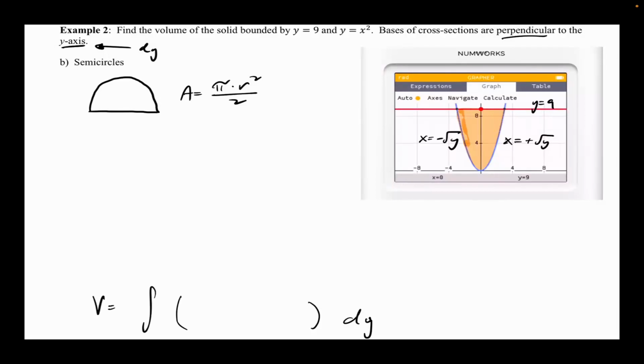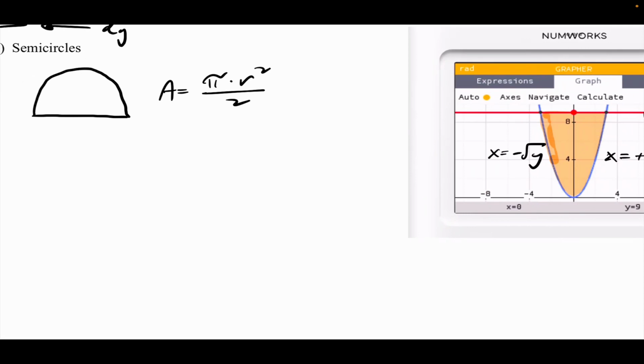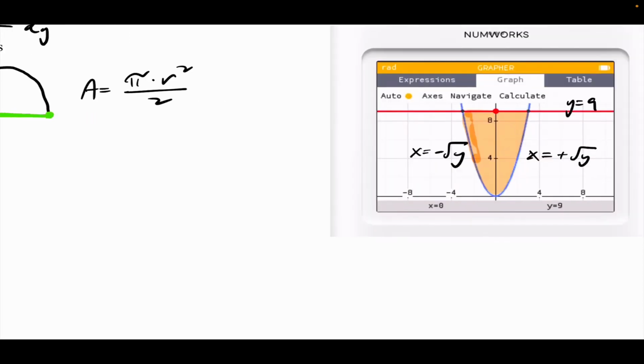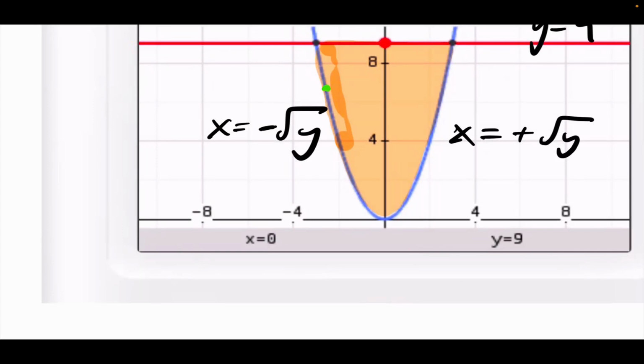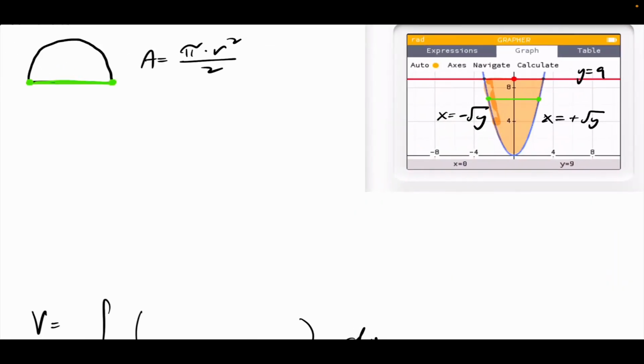So again, these semicircles are going to stand up from this base here, from here to here. All along, they're going to cover that orange space.